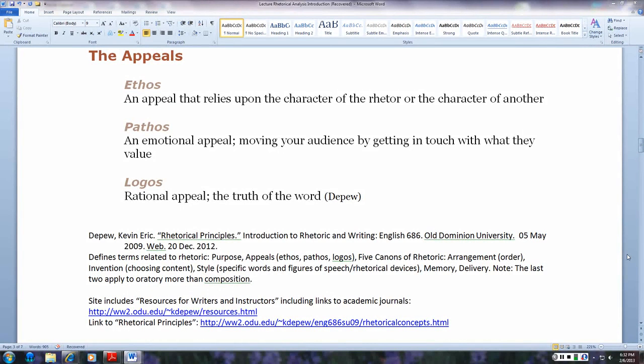He also talks about how when we write, we arrange things in a particular order, that we use specific words, figures of speech, and applying the rules of rhetoric to oratory or public speaking, he addresses memory and delivery. And then there are additional resources at this website for writers and instructors, including links to academic journals. Again, notice that there is a parenthetical citation and then there is a bibliographical citation to tell you where the information came from.